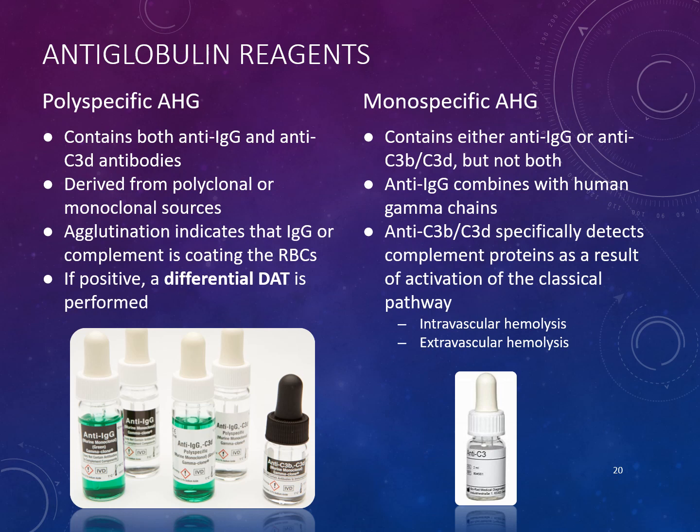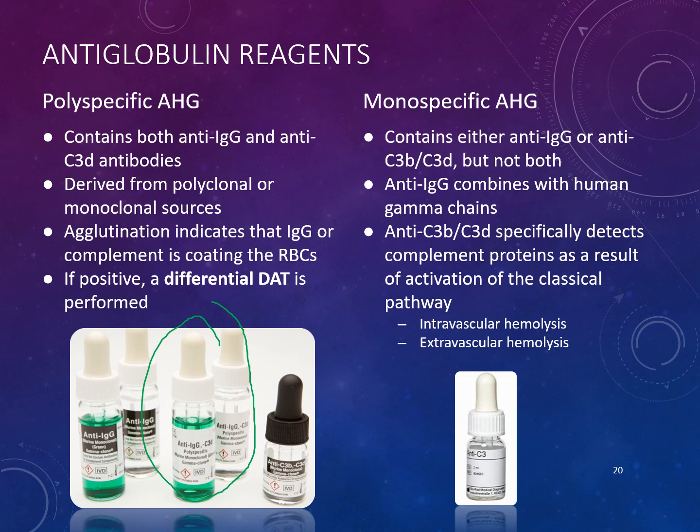So in this example at the bottom, this middle reagent is polyspecific, meaning it has the IgG and C3 present. And then you have the monospecific. So don't confuse this with clonal. It's a little different. Clonal is how it's made, and specific means which ones are actually in there.